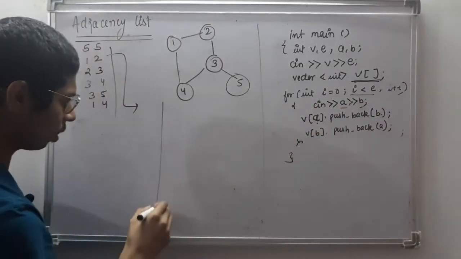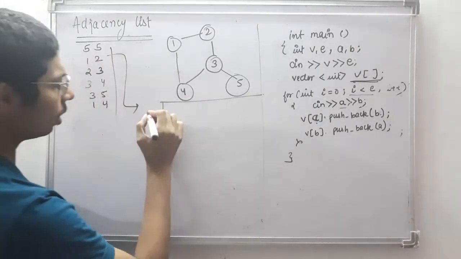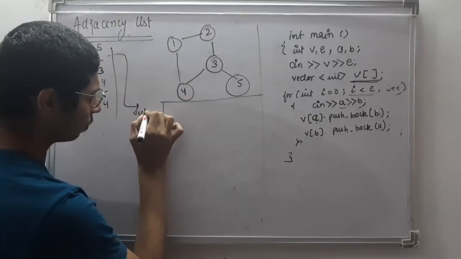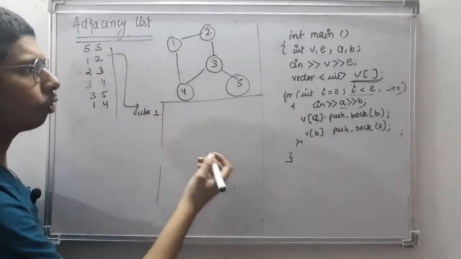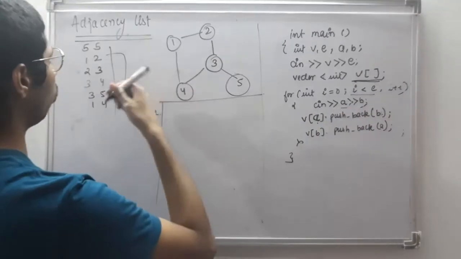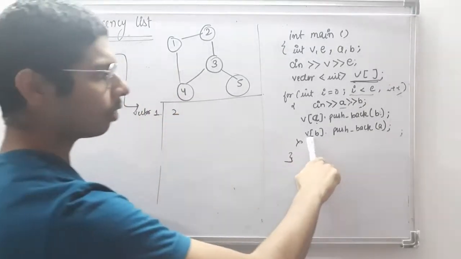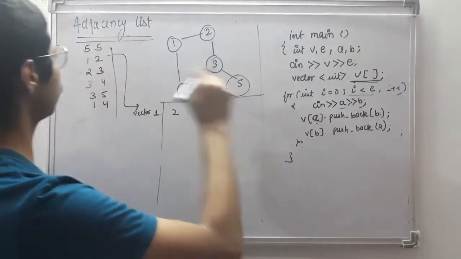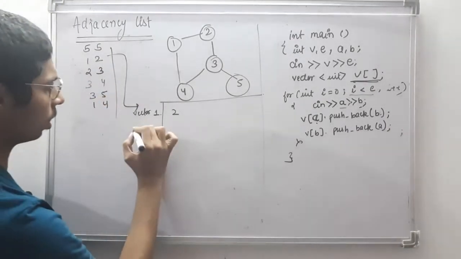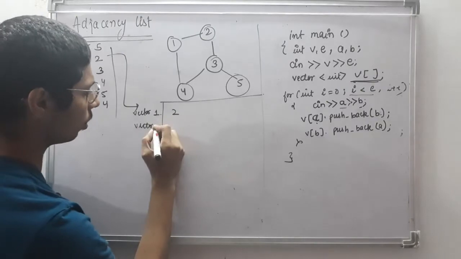Let's represent it for vector 1. Which value goes into vector 1? Value b. What is the value of b? It is 2. And in vector 2, which value is given? Value 1. So it will be vector 1, and vector 2 gets value 1.